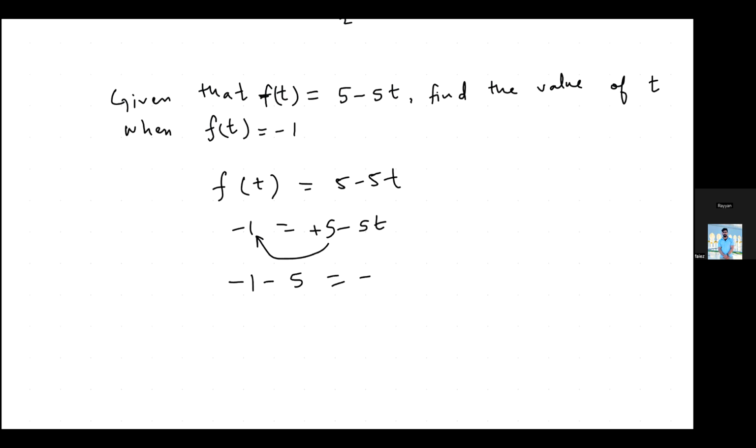So this is minus 6, because minus 1 and minus 5 becomes minus 6. And then you take it to the other side, so minus 6 divided by minus 5 equals t. Minus cut down by minus, you will get the value of t as 6 over 5.